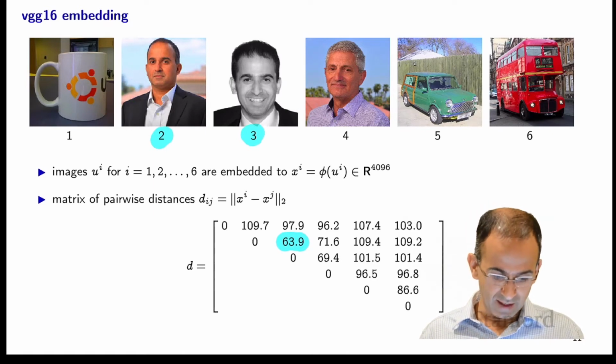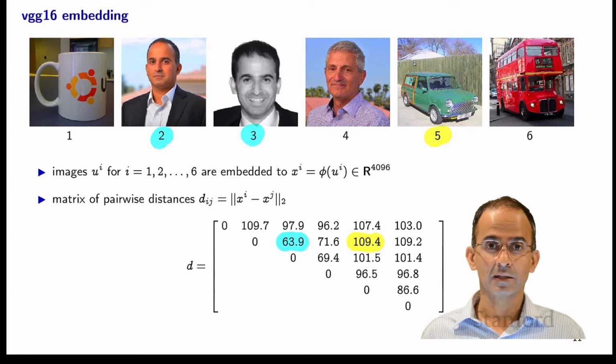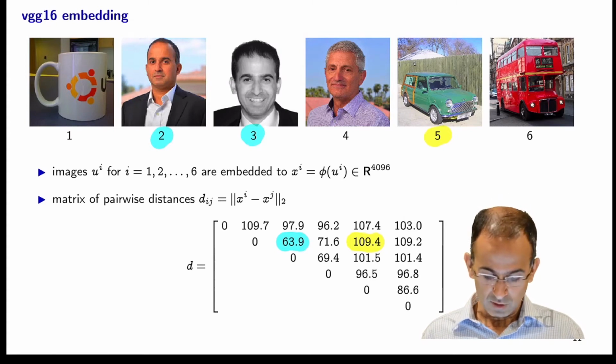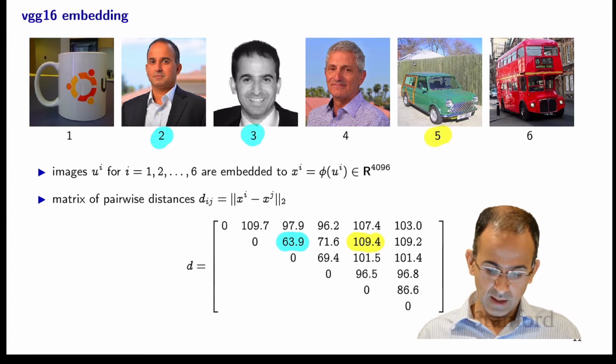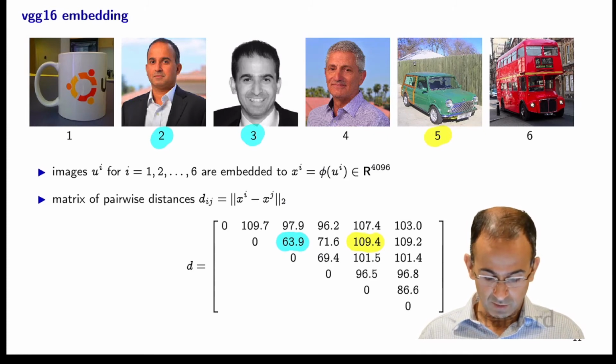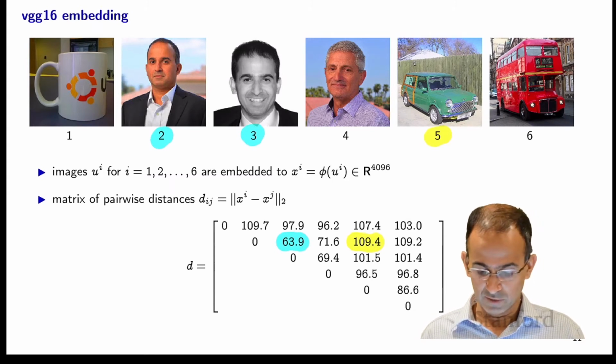If we compare that distance with the distance between image 2 and image 5, well, then suddenly we're looking at a number of 109 compared to 63, which is substantially different. We can see that the 2 images of me are rather close to each other, whereas image 2 is quite far from an image of a mini.